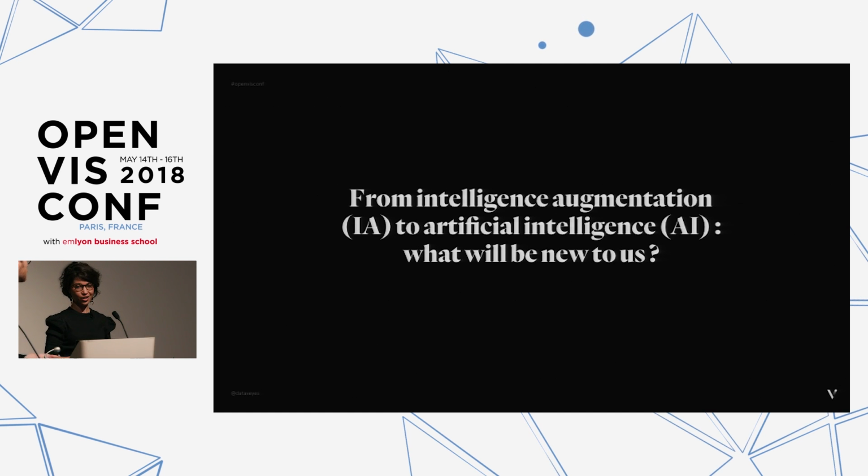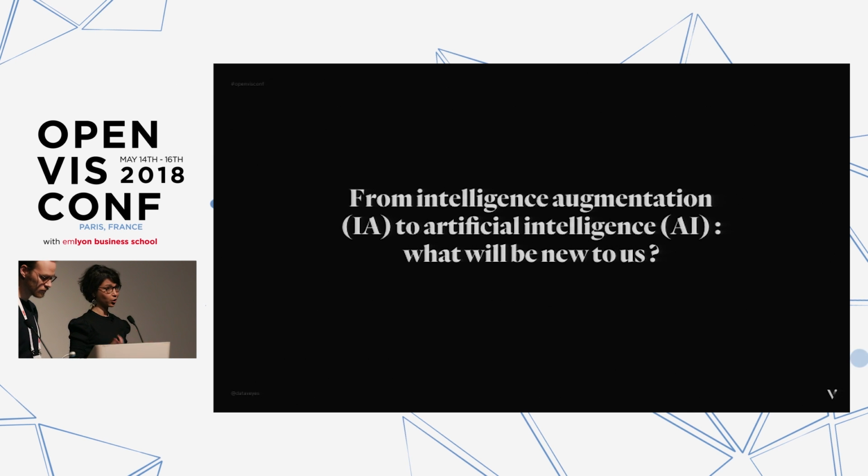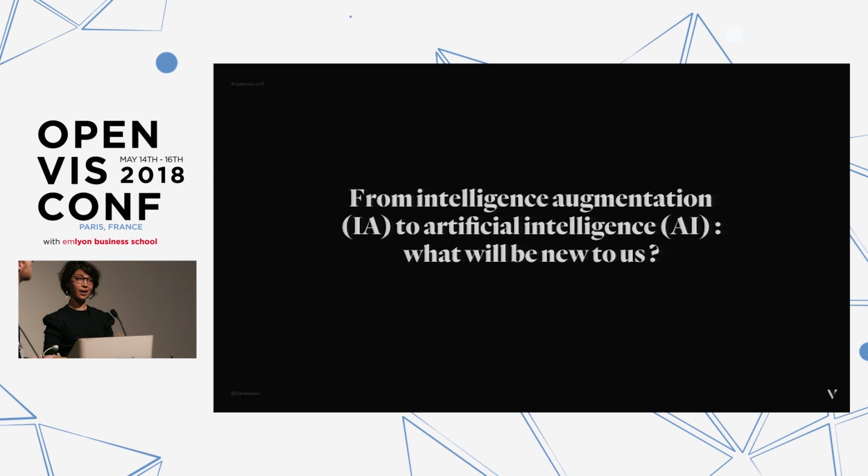So it's like a shift, and now we are talking about artificial intelligence, AI, and we don't think anymore that the humans are the best to solve big problems. We now rely on very sophisticated algorithms to solve those kinds of problems, and humans will help.